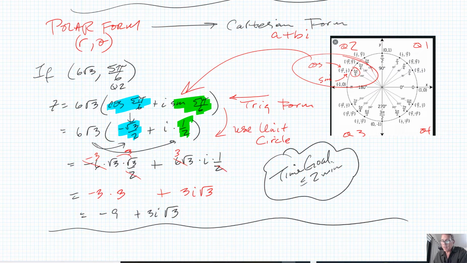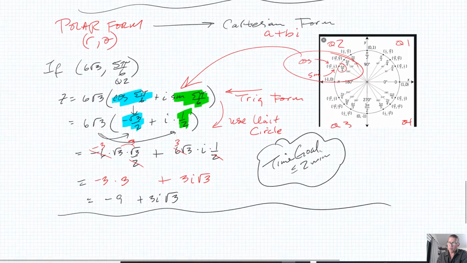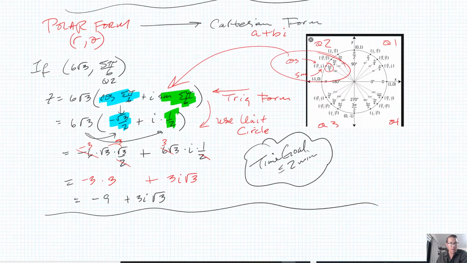All right, now let's reverse it. Yeah, you have to be able to reverse it. You have to go from Cartesian form to polar form and to trig form. So let's reverse the process.